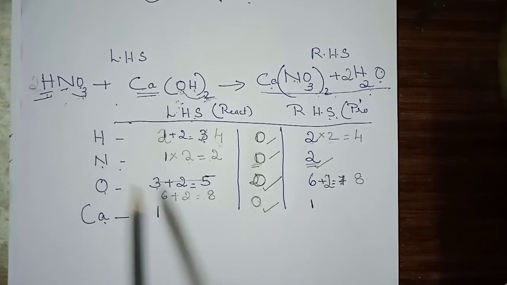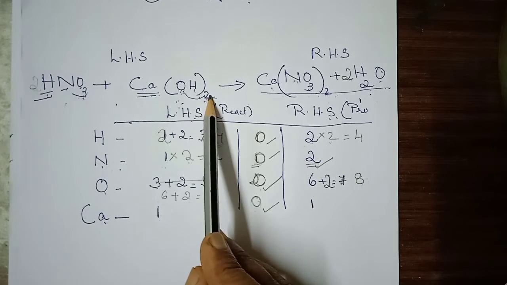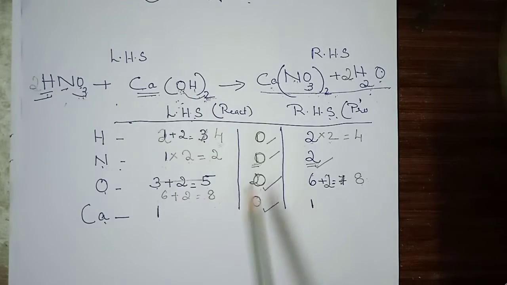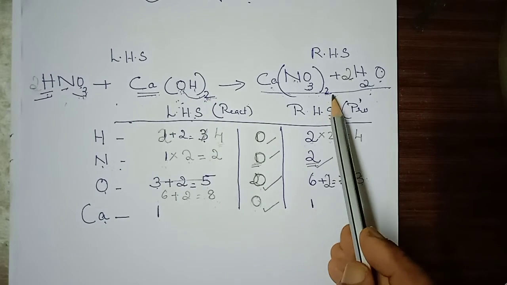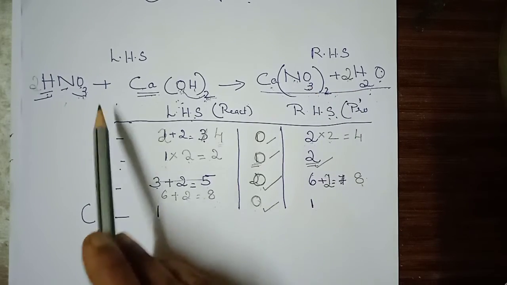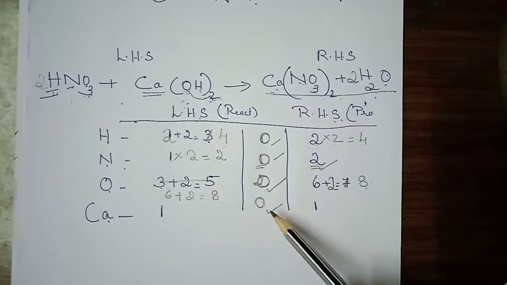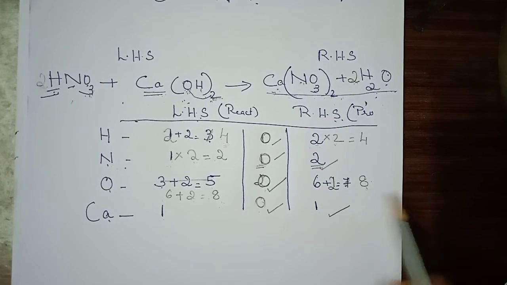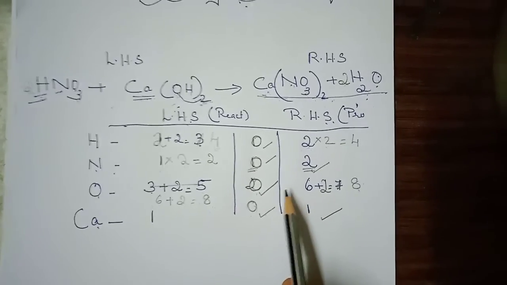Oxygen 3 into 2, 6, plus this 2 applies to oxygen, so 6 plus 2, 8. And the product side here 6 plus 2, that is 8. Calcium 1 and 1, so it is balanced. So this is how we balance a chemical equation.